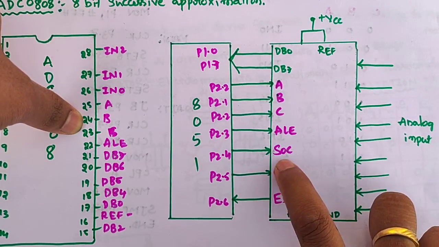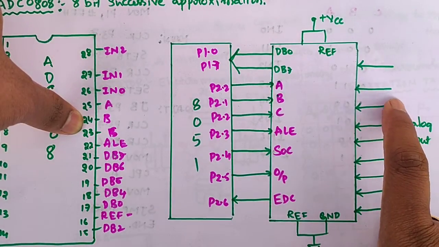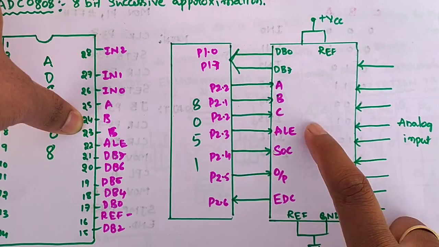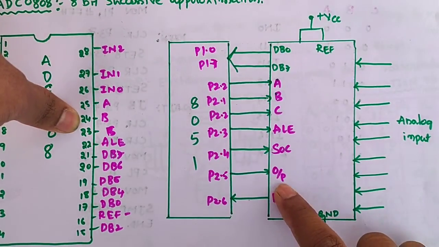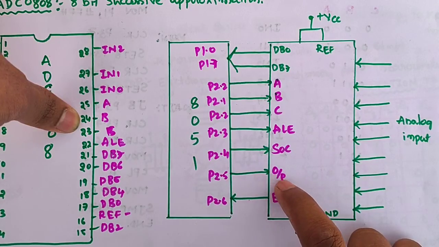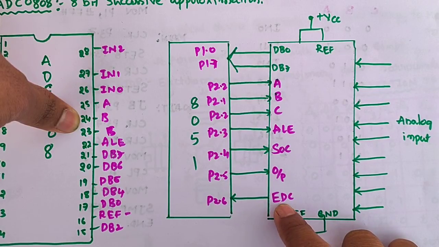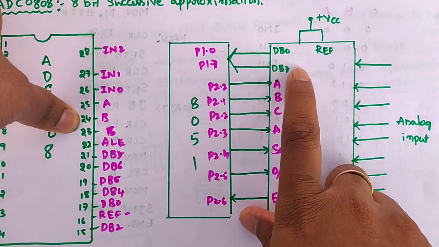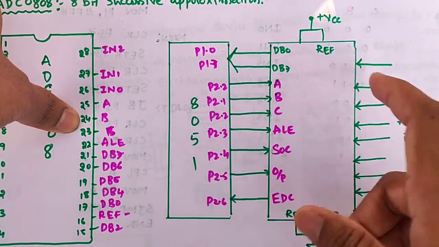Once this control signal comes from 8051, it converts all the inputs or any one particular input of the analog voltages to a digital binary bit pattern. Output enable gets enabled. Once the conversion completes, it sends a signal to 8051 that the conversion was completed, and the digital bits are transferred through the data lines DB0 to DB7.